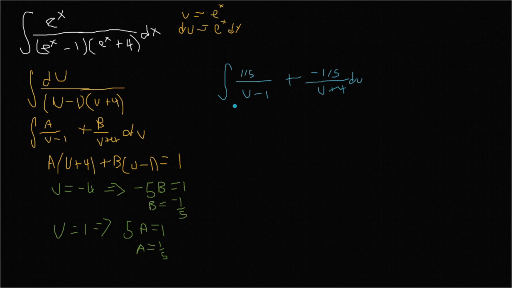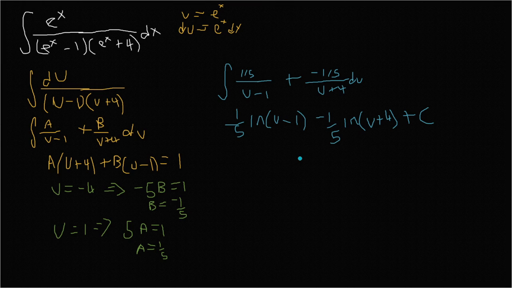Now we can use what we've been doing: put the constant, 1/5, times the natural log of the denominator, u minus 1, plus the constant, which is negative 1/5, times the natural log of u plus 4, plus c.